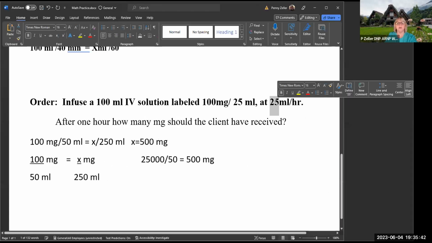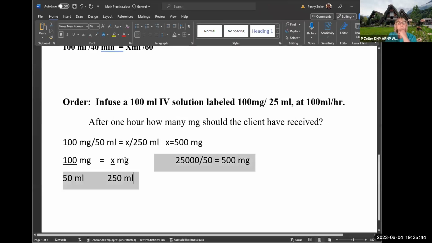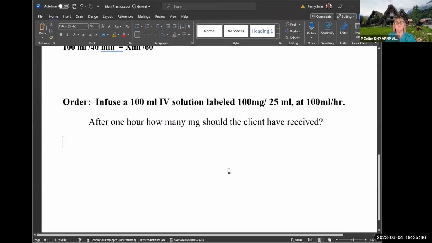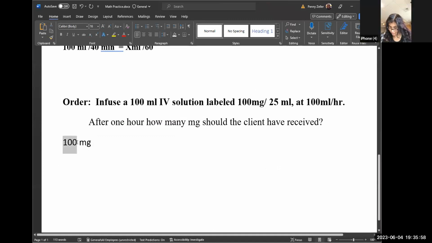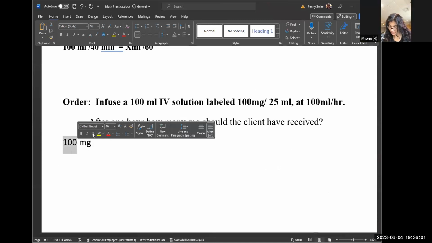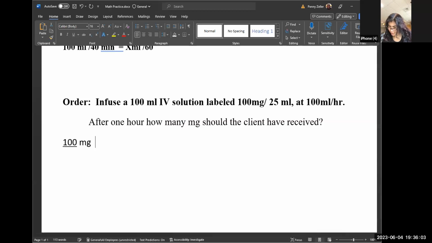Okay, let's run it at 100 an hour. 100 milligrams over 25 ml equals X milligrams over 100.